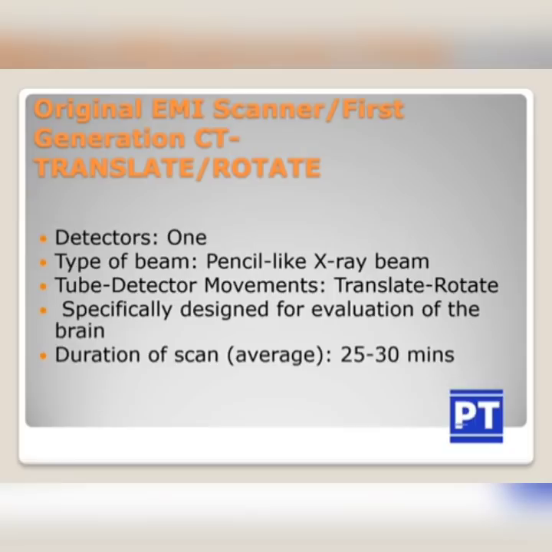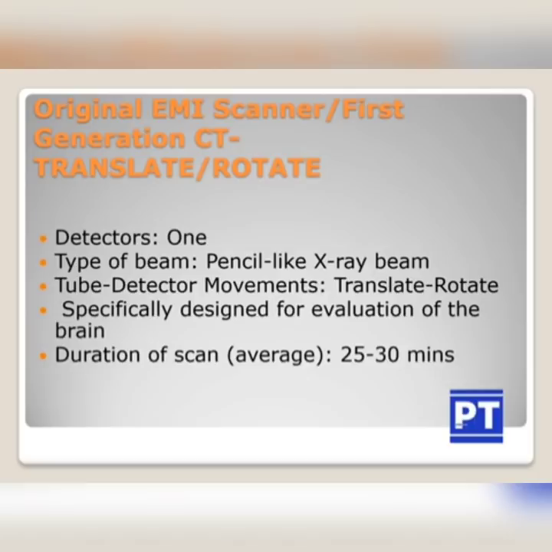So we are moving on to the different generations of CT. The first generation is known as the original EMI scanner or first generation CT. It is otherwise known as translate rotate CT. In the case of first generation CT, there was only one detector.